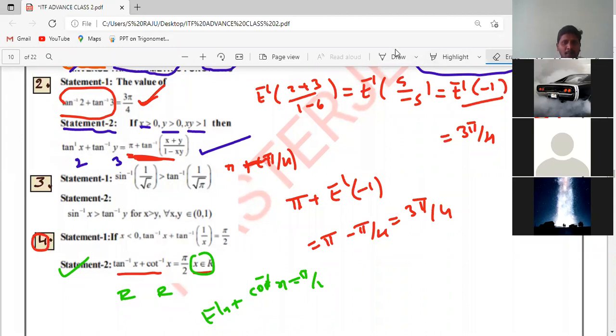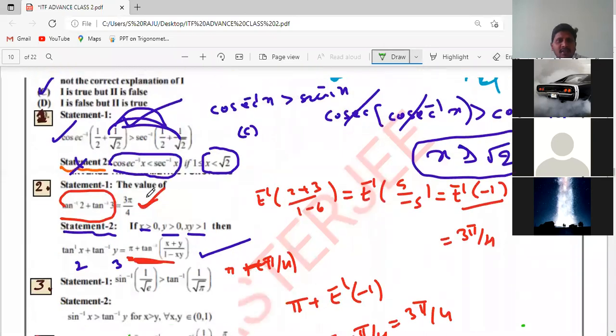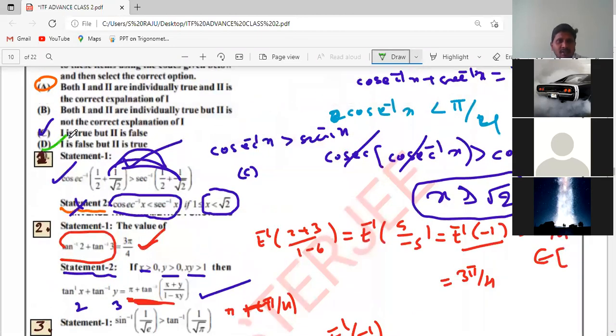It should not take any positive value, but it is true for every real number. So it is not only for x lesser than 0. So statement 1 is false. It is true for every real number. Here they mention only negative values, so the first one is false, the second one is true. So option D is correct.